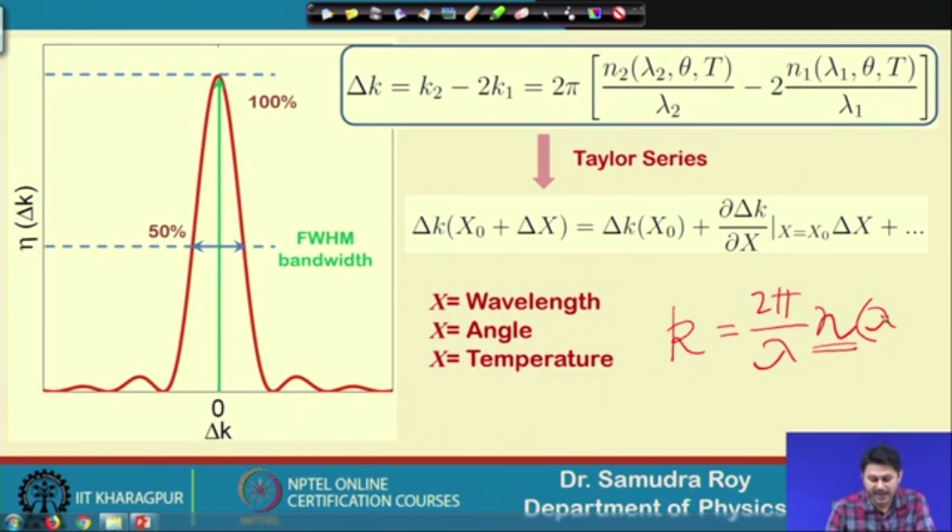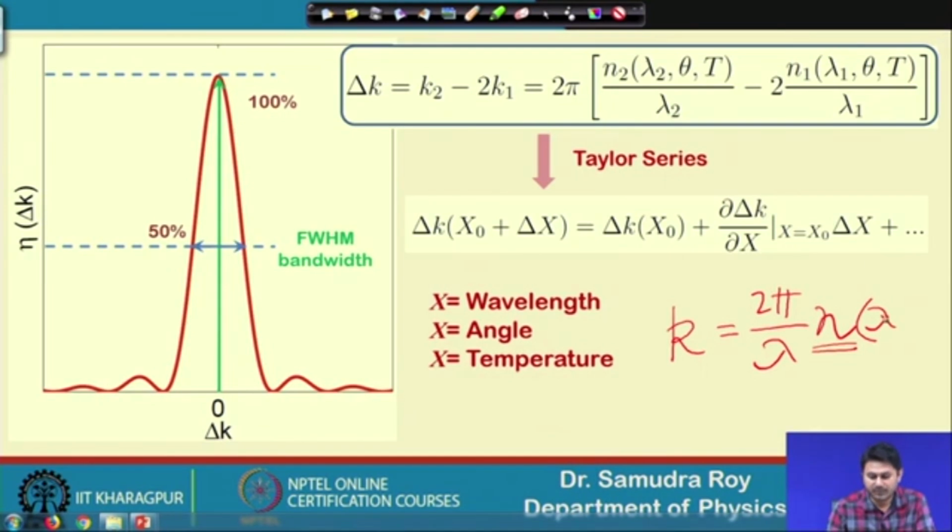So, theta here is the angle, and temperature is a very popular parameter to change the refractive index, especially in a crystal. So, these are the parameters on which n2 depends.